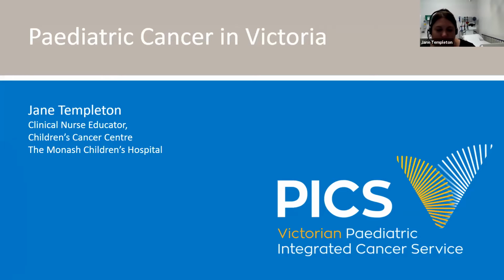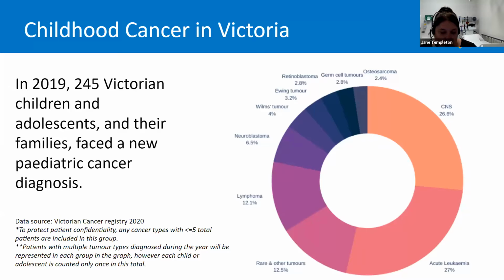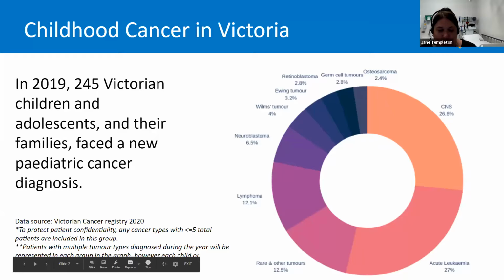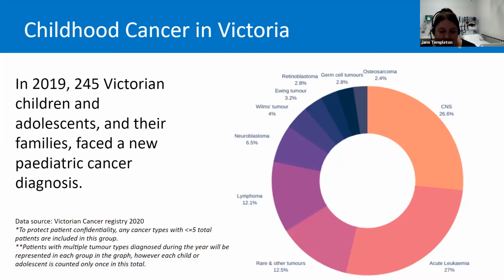Okay, so let's look at childhood cancer in Victoria. Next slide, please, Georgia. On average, there's around 200 new diagnoses of paediatric malignant cancers every year. Back in 2018, there were 198 new malignant cancer diagnoses. And then last year in 2019, we had 245 Victorian children and adolescents and their families diagnosed with a new cancer diagnosis.